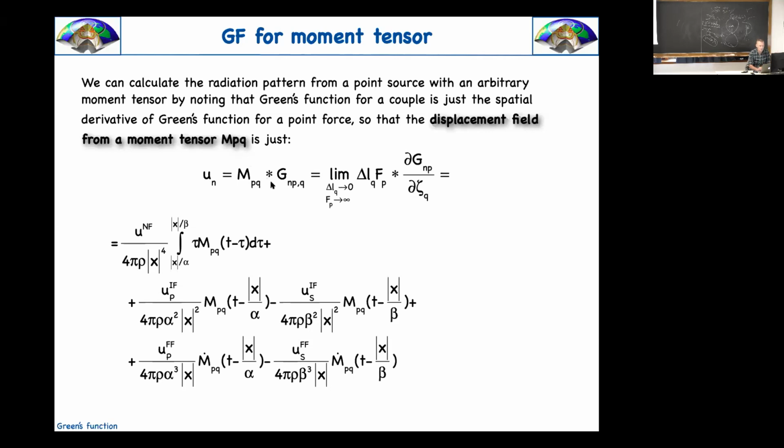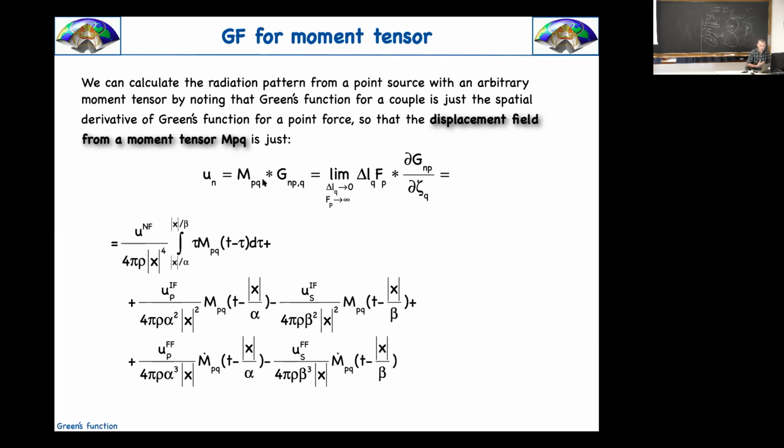Because if you do remember, one of the expressions that we found, maybe the most useful in the sense that it's the most common to be used, was this. Now, what is Mpq? Well, it's the moment tensor, please remember. It's a symmetric tensor. It can be diagonalized. You can find 3 eigenvalues, M1, M2, M3.